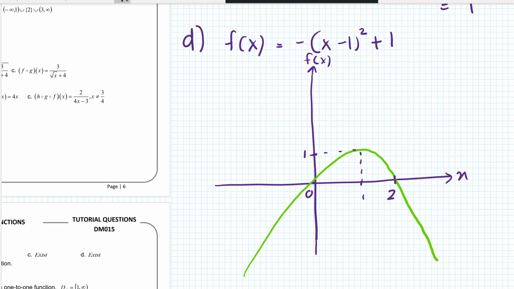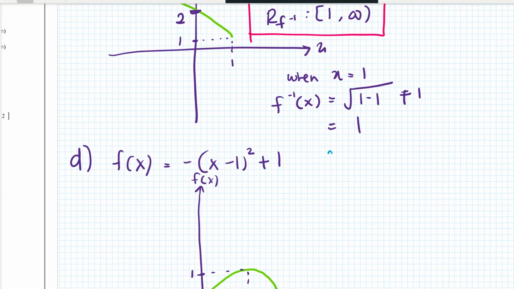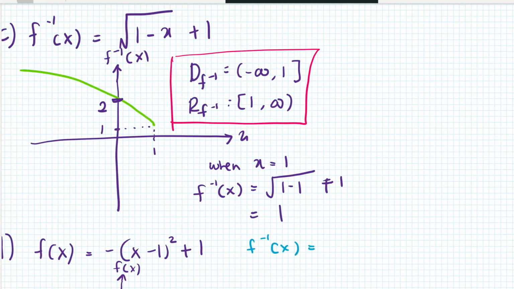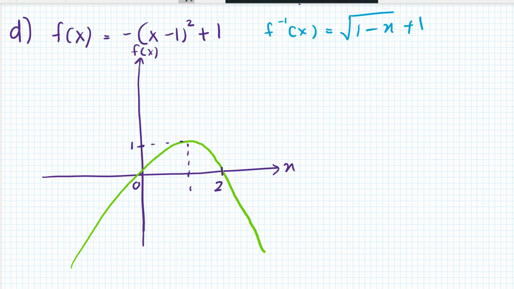Now we want to draw the f inverse. So f inverse is equal to 1 plus the square root of 1 minus x. We start with the same maximum point, then we go to the right.